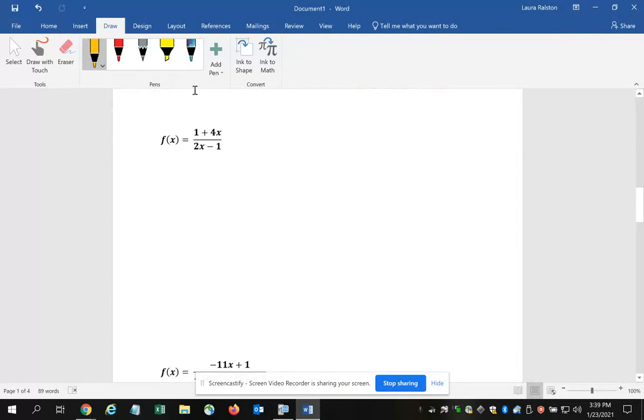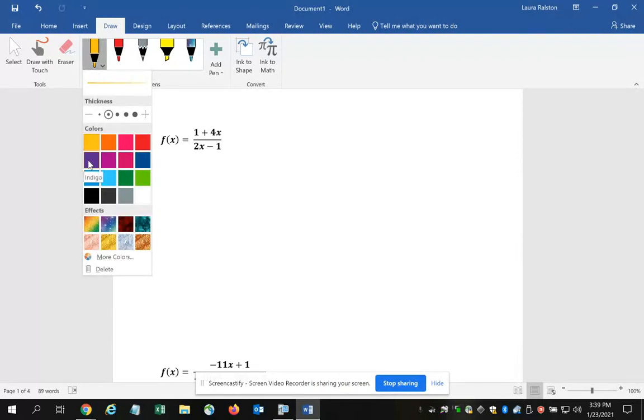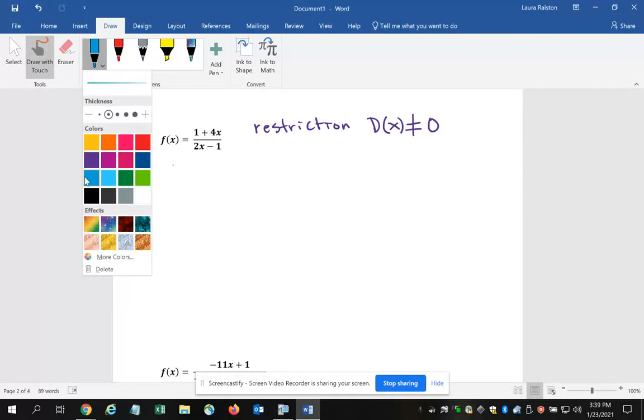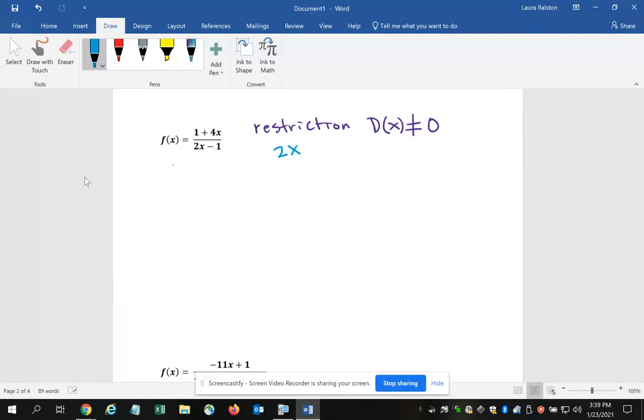Moving on to the fifth example, again, in this particular problem, I have a rational function because it looks like a fraction. And again, I have to be sure that when I have a fraction, the denominator of the fraction cannot be 0. So again, I'm going to take the denominator, which is 2x minus 1, and say that it cannot be 0.